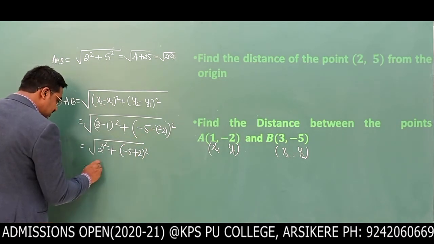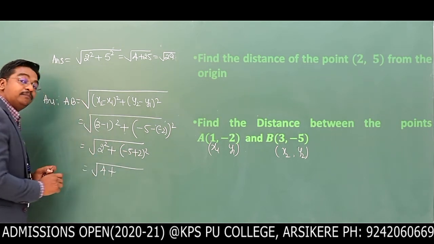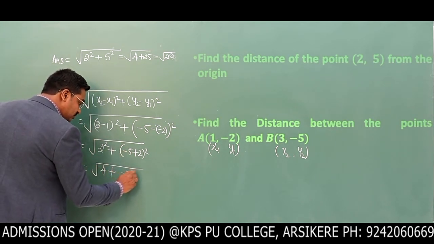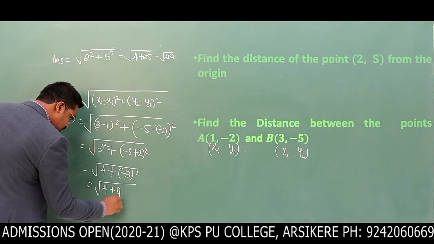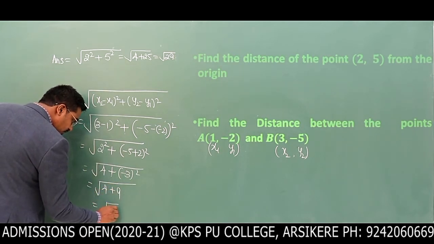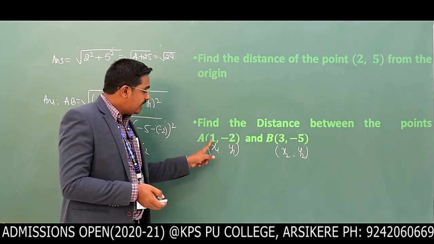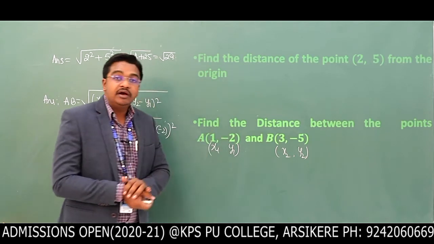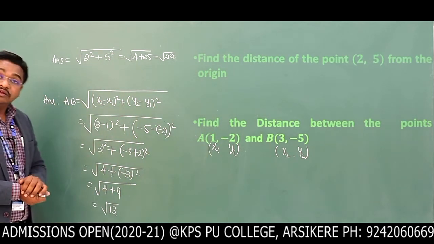This becomes 4 plus (minus 3) whole square, which is 4 plus 9. So the total distance is root 13. So root 13 is the distance between the 2 points A(1, minus 2) and B(3, minus 5). Next we discuss another formula.